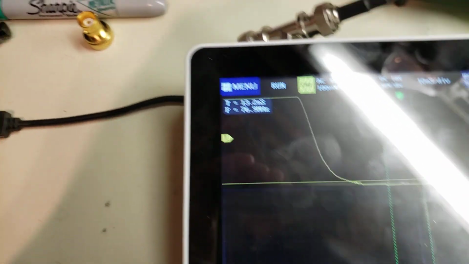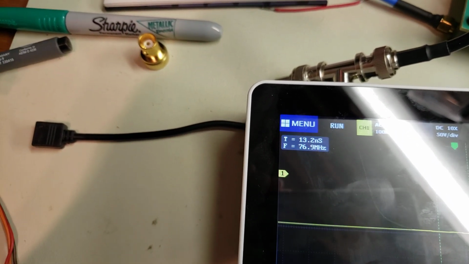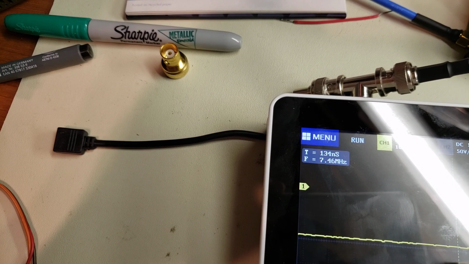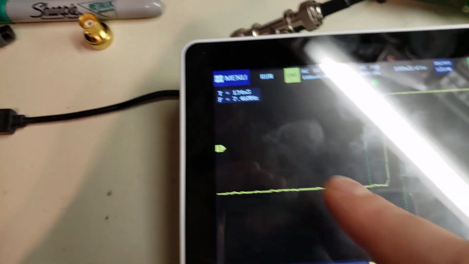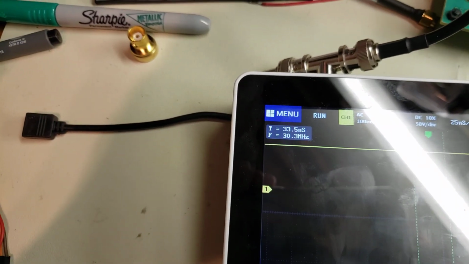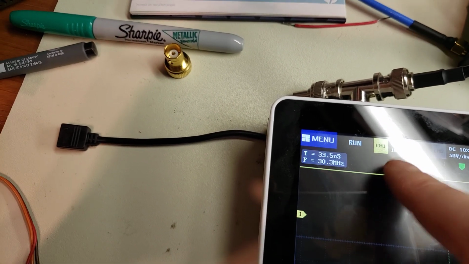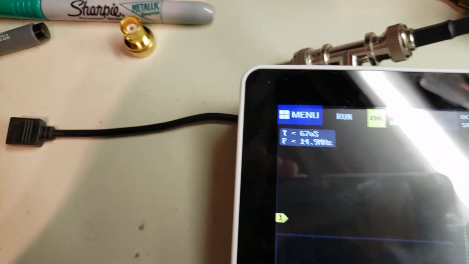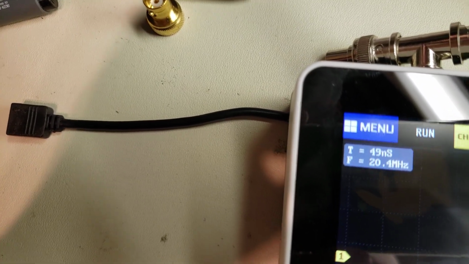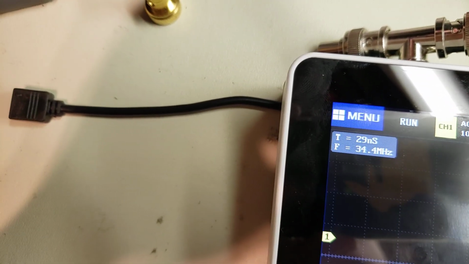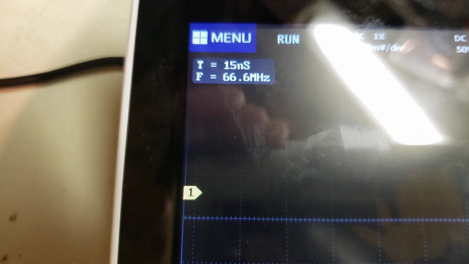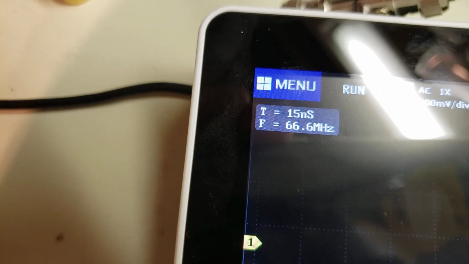It's doing something very weird at this stage, so it definitely doesn't function very reliably at these frequencies. Anyways, if we try to measure the rise time, we get around 15 nanoseconds.